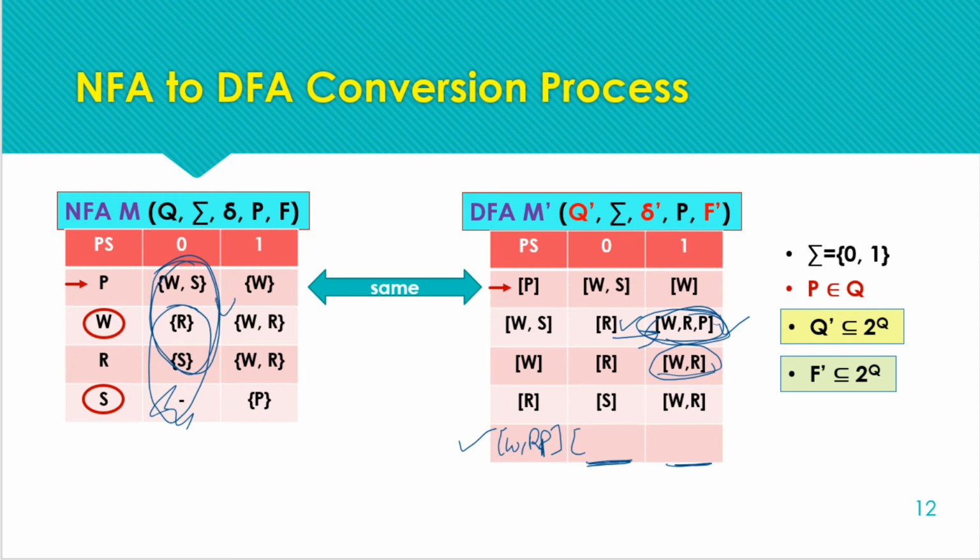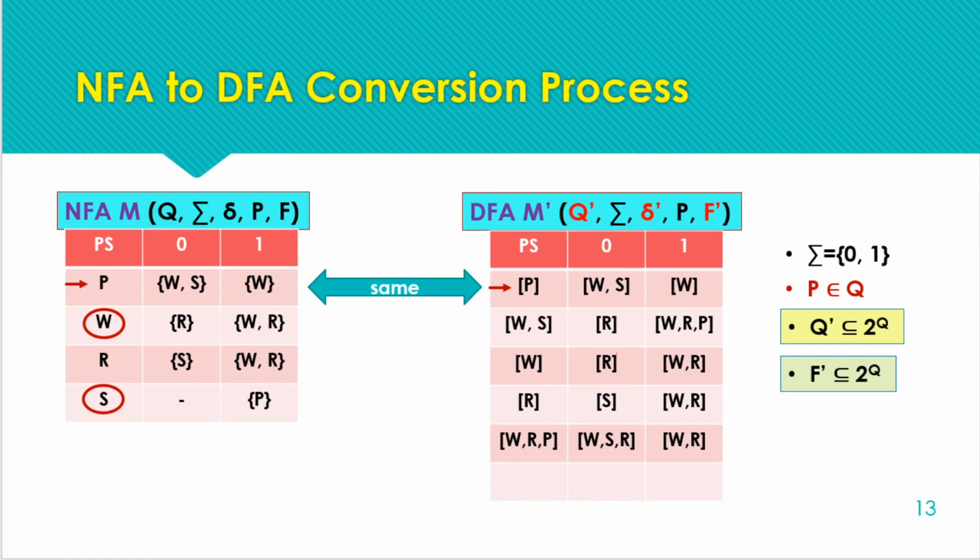After performing the union of these sets, we are getting WSR. We are getting WS and R, and here we are getting W and R. So this is the transition table after writing the transitions for the WRP state.